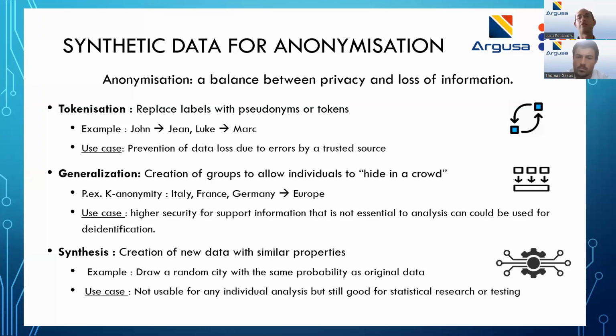Of course, here you lose a bit of information, so it is not usable anymore to analyze individual records. On the other hand, you can still use it for statistical research or for testing, where you don't want to have real names in it while you're testing.